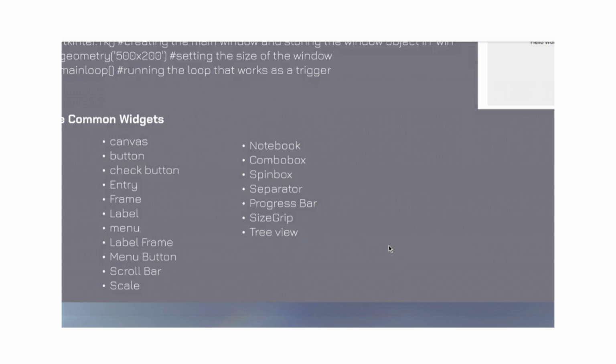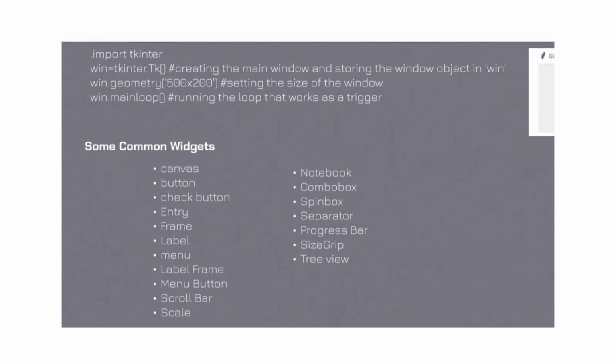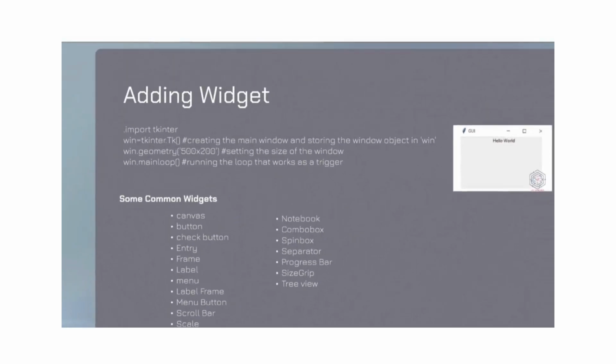It gives the option to resize the Tkinter application's window. Then tree view. This tree view enables you to build a tree-like structure and insert objects to grow with your attributes. Okay. I hope you guys are clear with some common widgets. Okay, let's move on.